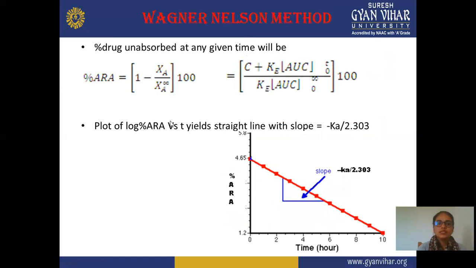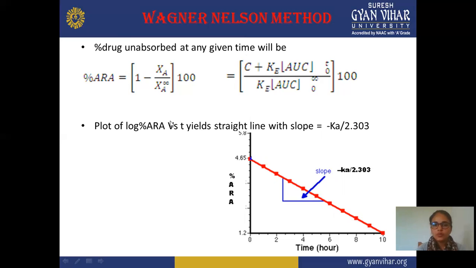The percent drug absorbed at a given time t is given by percent ARA equals 1 minus XA divided by XA infinity into 100. Written in another, simplified form, it is C plus KE in bracket AUC 0 to t divided by KE in bracket AUC 0 to infinity into 100.